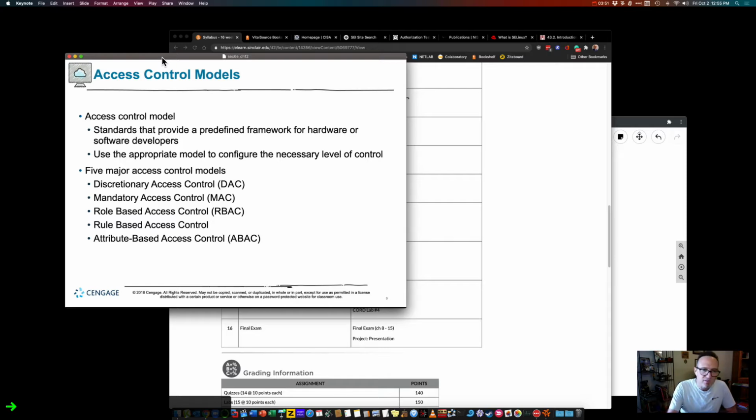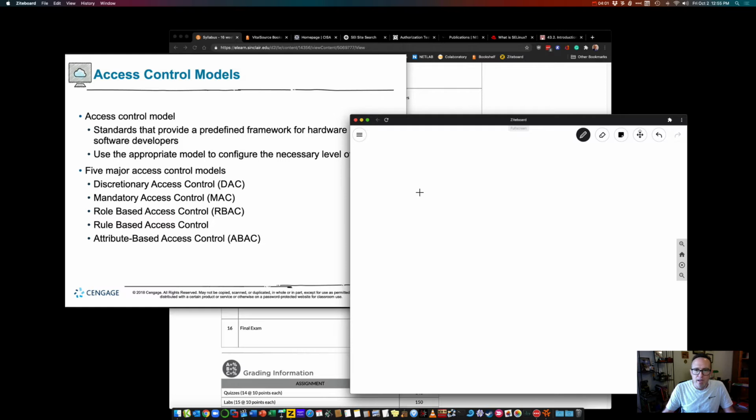Where it becomes an issue is this: our access control models. The first one is discretionary access control. This is basically saying we have a user, here's user Bob, and here's user Mary. Bob has access to, and this is what the slide shows you, this XLS file that contains sensitive data.